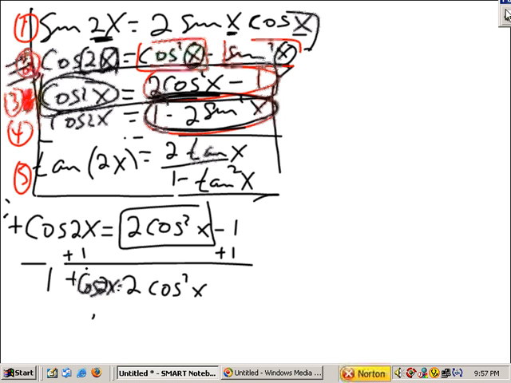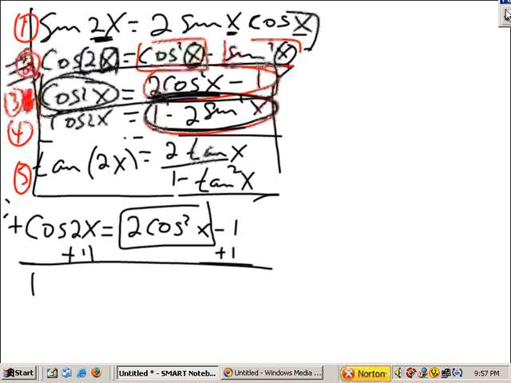Okay, but that didn't come out so neat looking, sorry. So we add 1 to both sides.